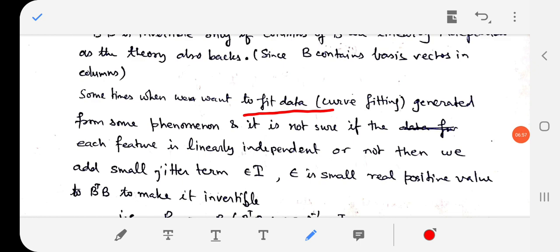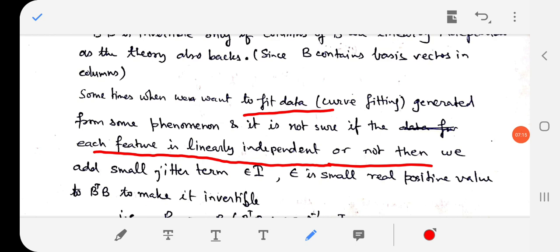In that case, we are not sure whether the basis vectors that are going to define that particular value are linearly independent or not.